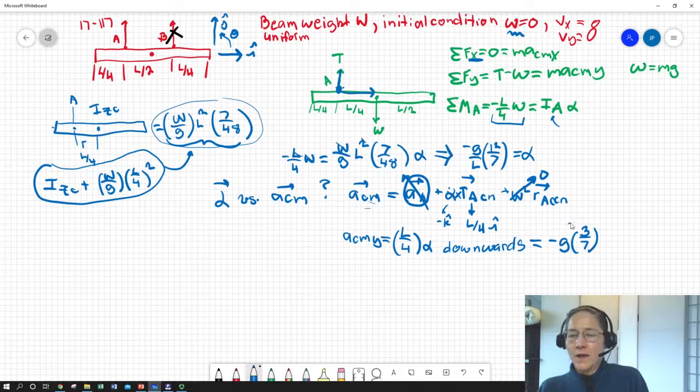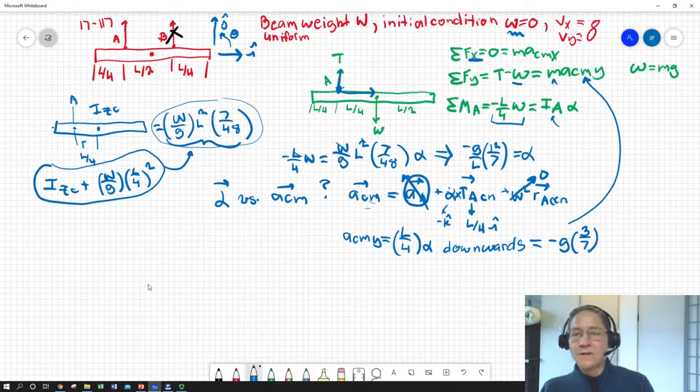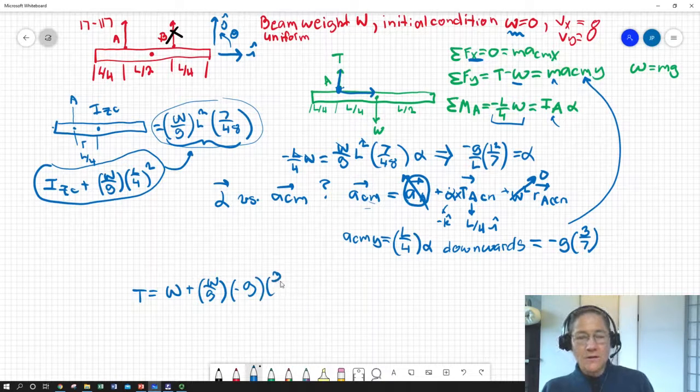And now we have something that we can again insert up here. We have the weight, we have the mass in terms of the weight and g, so we can say that the tension in the rope, the cable at A, is going to equal W plus W over g times negative g times 3/7.